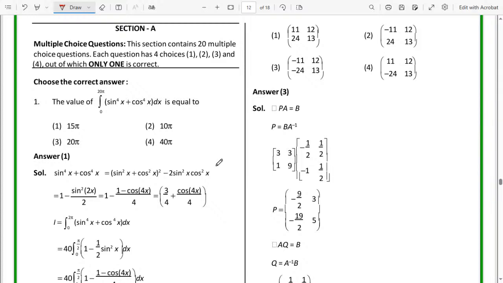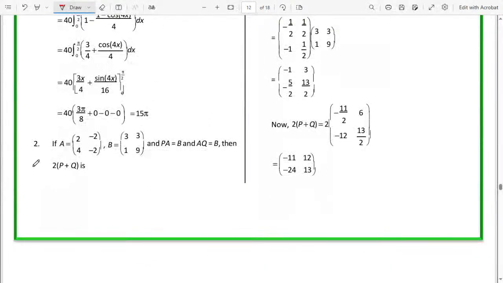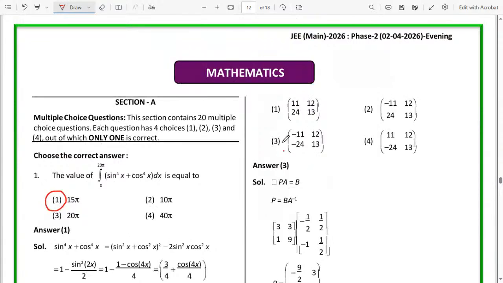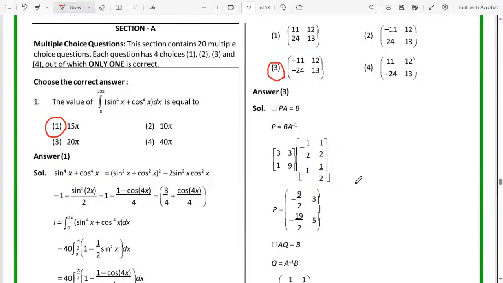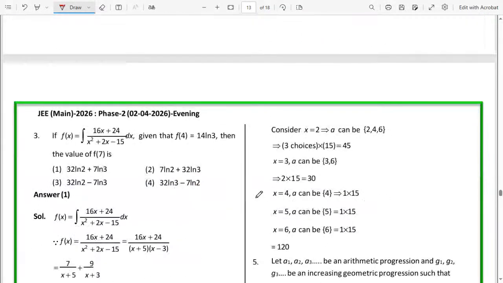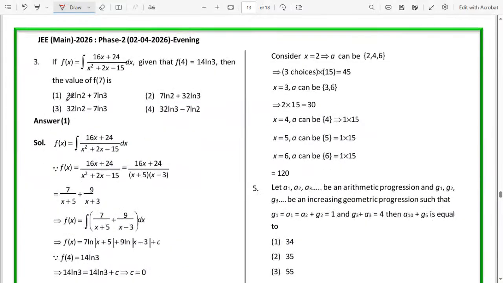Question number 1. Option 1 is the correct option, students. Next, question number 2. Option 3 is the correct option, students. Dear students, please go through for detailed solutions. Next, question number 3. Option 1 is the correct option.